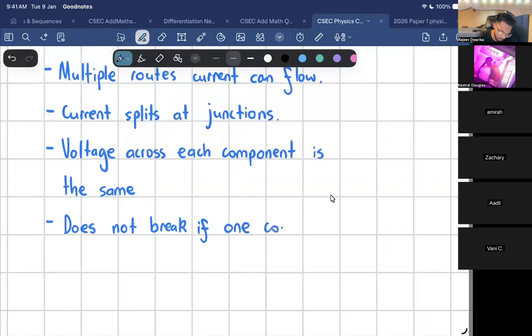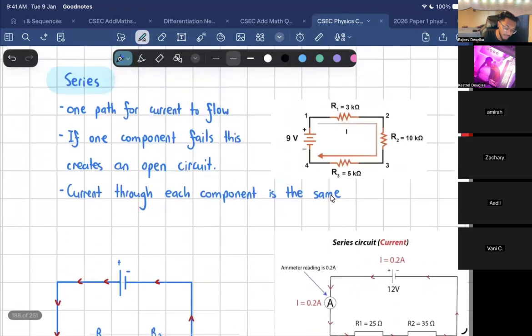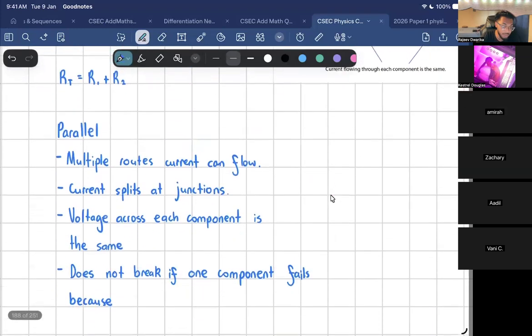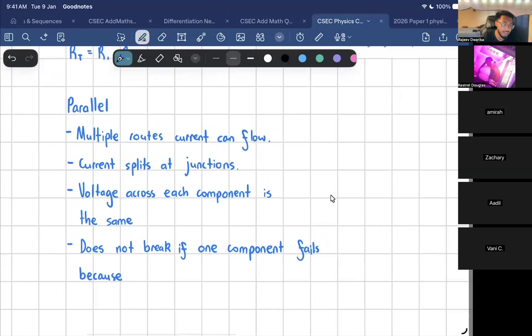So a parallel circuit does not break if one component fails, because in a series circuit, there's only one route or one path for current to flow. So if one component breaks, that is it. It can't take that path anymore. But in a parallel circuit, it doesn't fail because there are multiple routes to take.